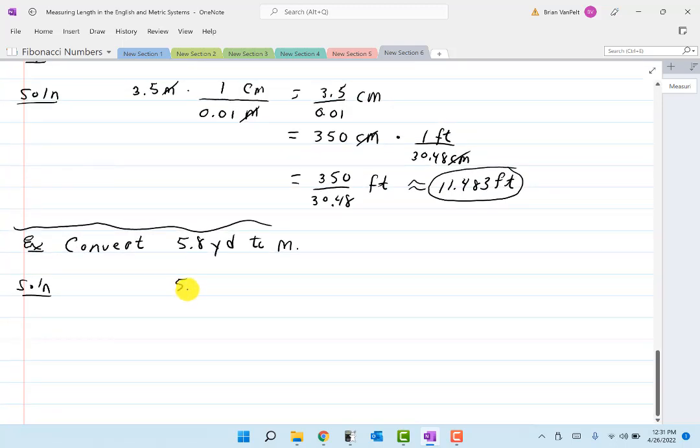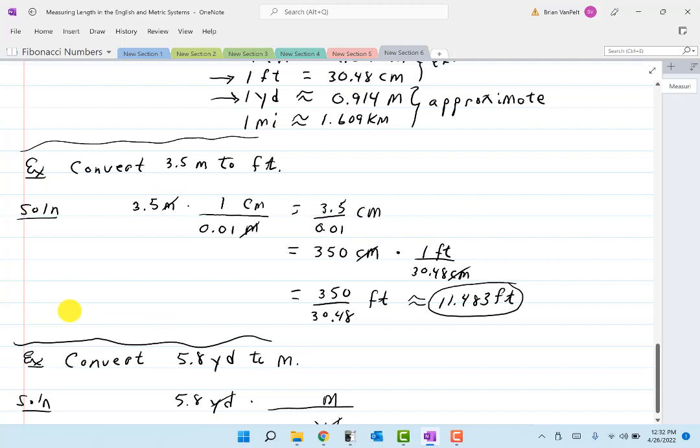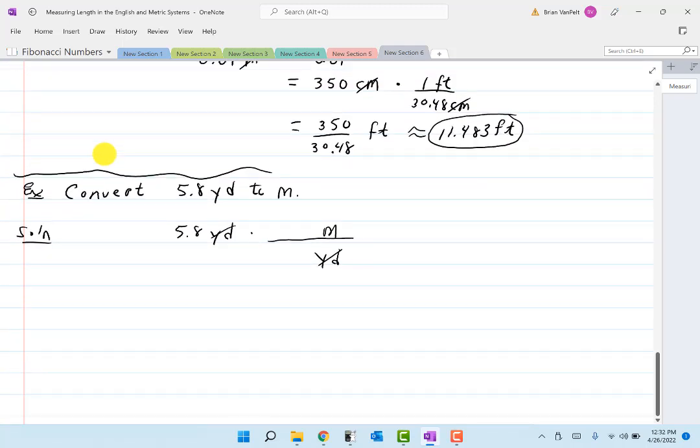So I have 5.8 YD. Now when I do my multiplication, I want to make sure that the YD is on the bottom and the meters are on the top so that these YDs cancel. What was the equation? 1 YD was 0.914 meters. So all I have to do is 5.8 times 0.941.